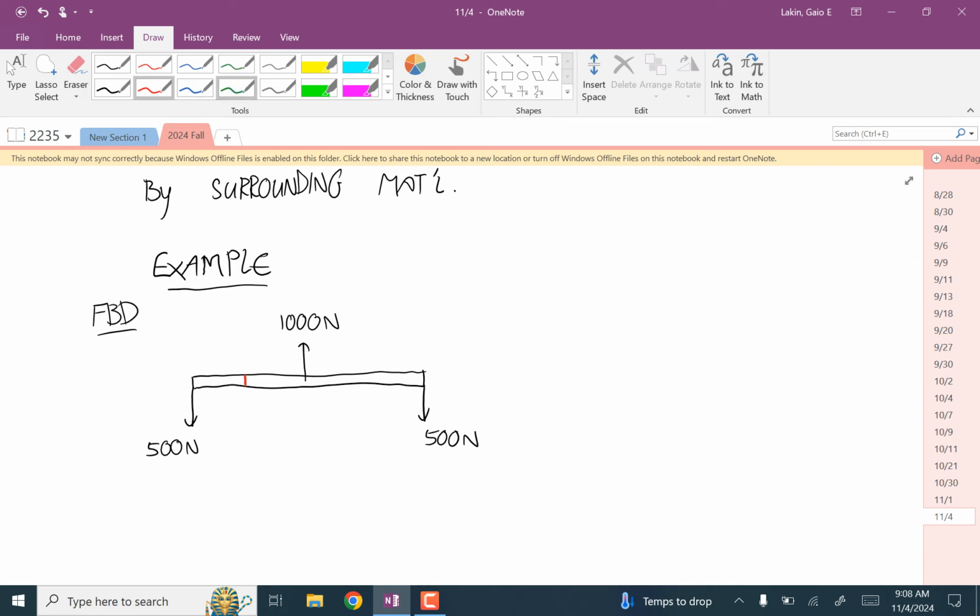Okay, and I'll give some dimensions. Let's say this is 0.25 meters. This is 0.25 meters. And this is 0.5 meter.